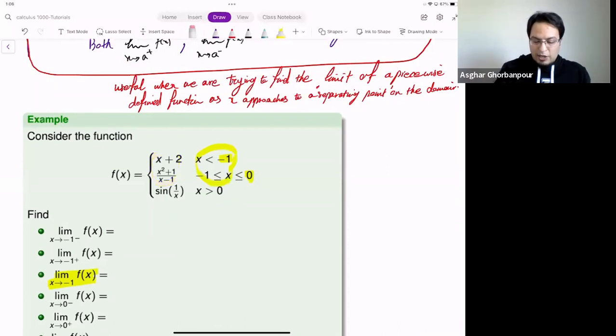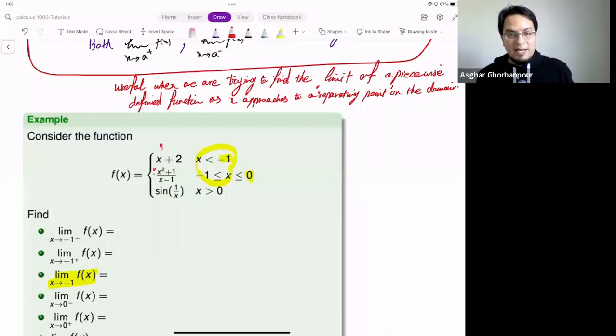So are you going to use this formula or that formula? We can consider only one-sided limits, and those will restrict our domain, and we can use one of these formulas and get the value.